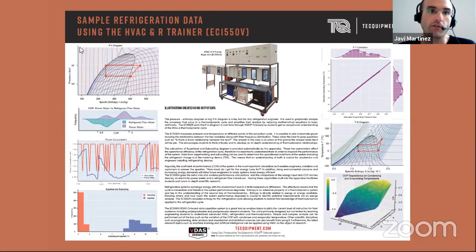So the students, they get access to the degrees of subcooling and superheat, right? So that's one level, the basic level for everybody, but then again, they can go into the nitty-gritty of the thermodynamics. Like, for example, this graph here, they can see the red line. It's quite important. We've got a power meter. That power meter is measuring the electrical consumption of the compressor.